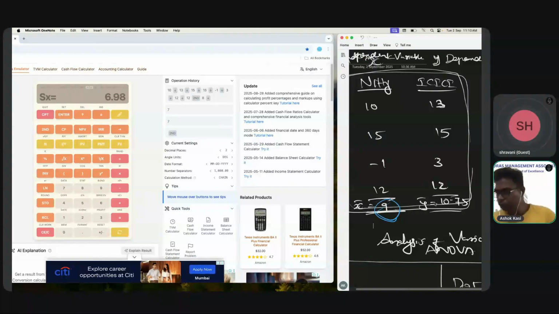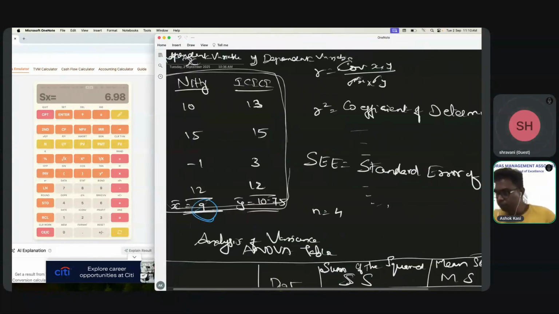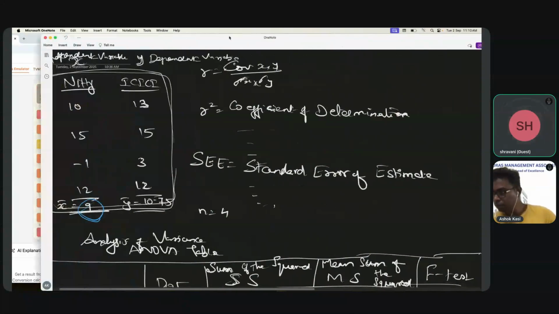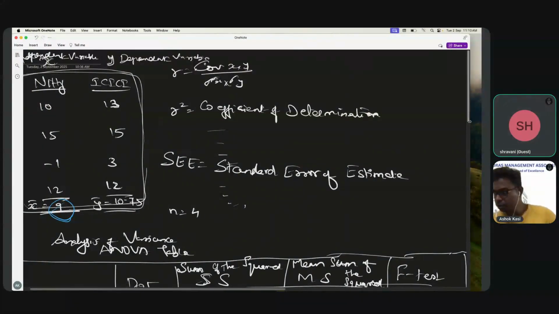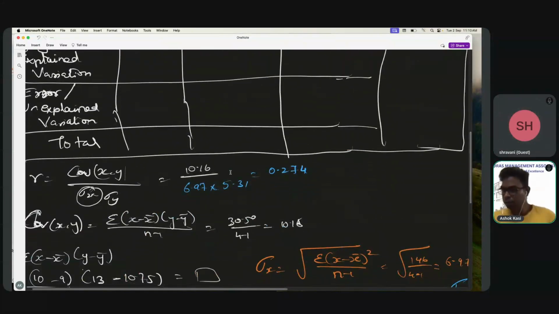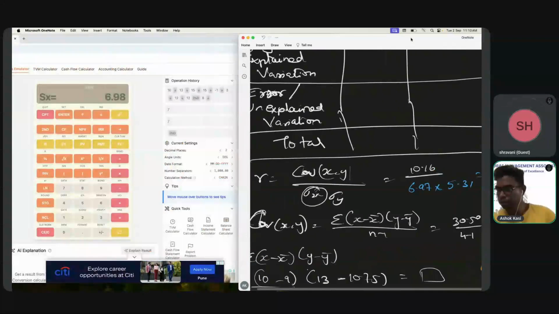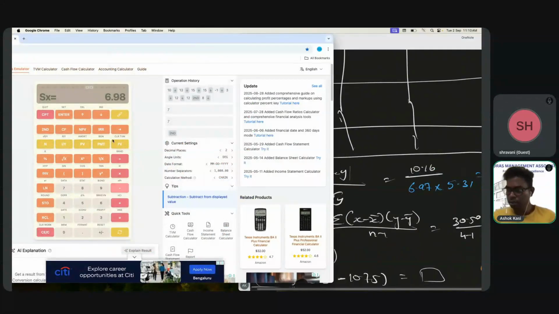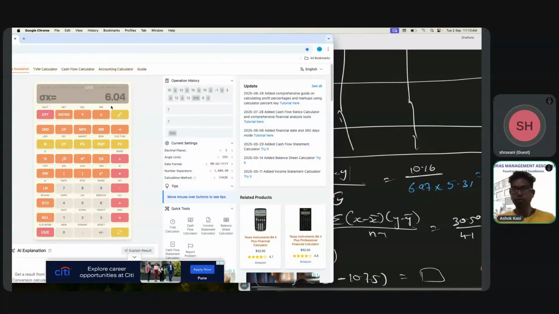We can cross-check now. Sample standard deviation 6.97. Fine, that is okay. Then this is population standard deviation 6.04, which we don't require because we have taken the sample only.